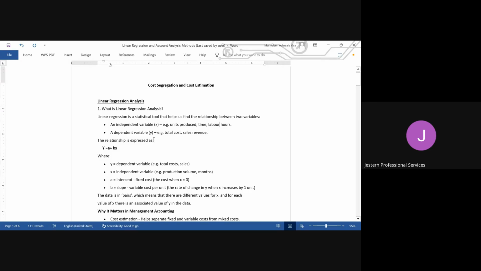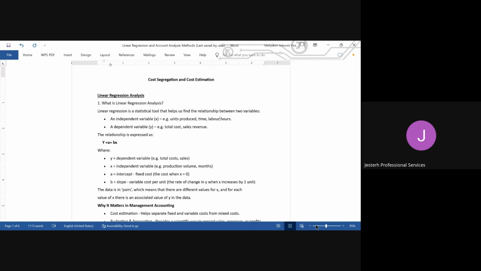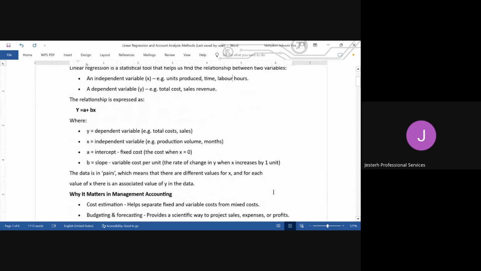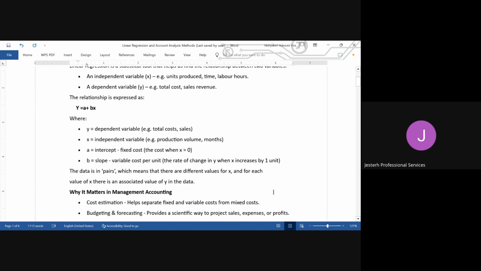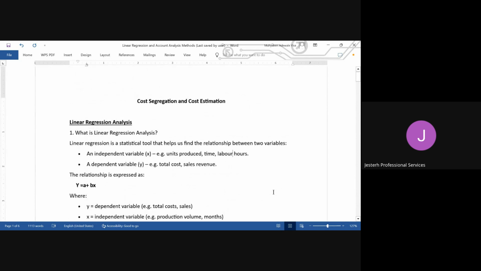And as you can see on the screen, I will explain briefly, and then I will move to the calculation aspects so that we can broaden our knowledge on how linear regression works using a cost function.